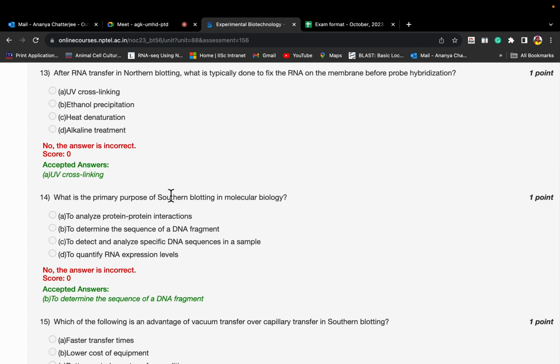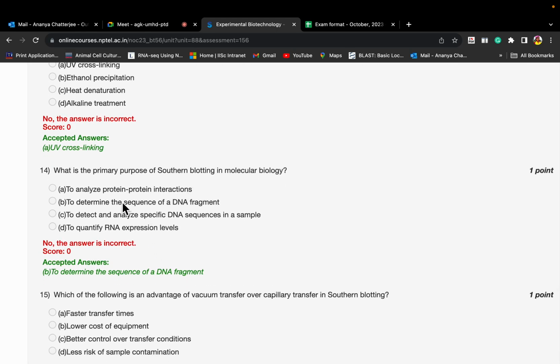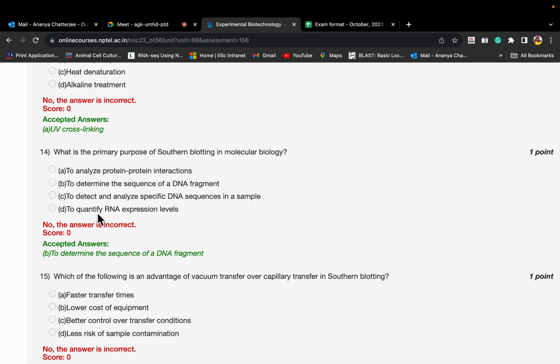What is the primary purpose of southern blotting in molecular biology? Options: to analyze protein-protein interactions, to determine the sequence of a DNA fragment, to detect and analyze specific DNA sequences in a sample, to quantify RNA expression levels.